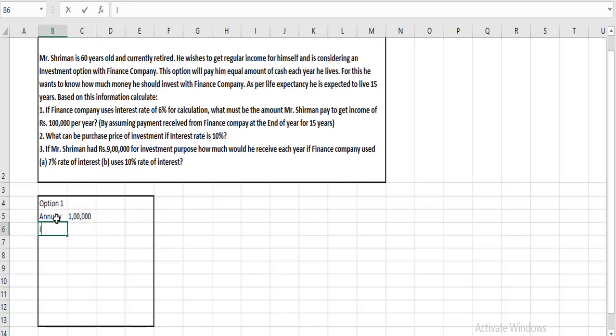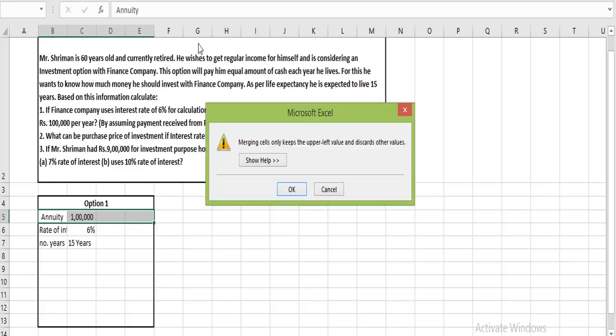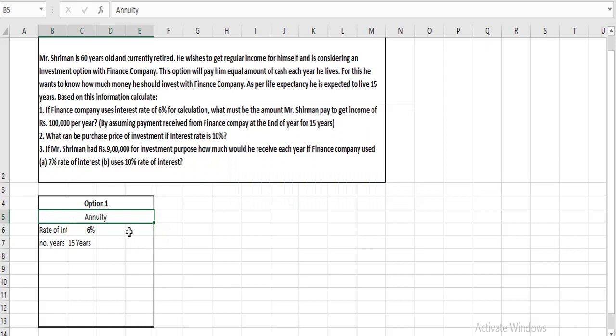The rate of interest is given, which we assume is 6%, and the number of years which Mr. Shriman is expected to live is 15 years. Based on this information, all these values are actually the future receipts Mr. Shriman is going to receive.